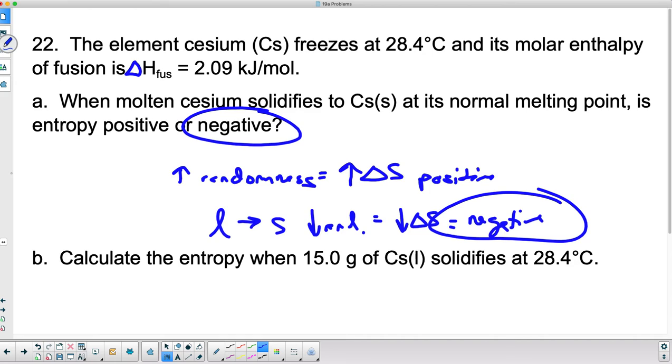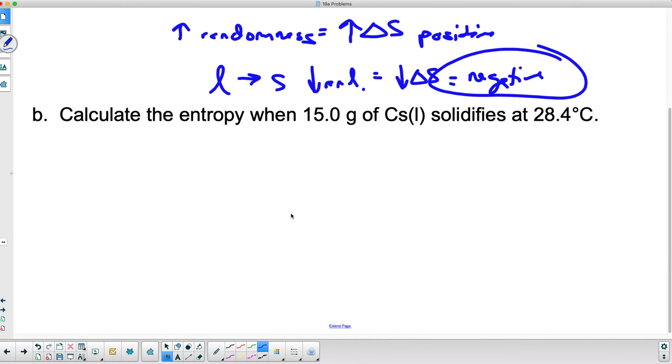In this case here, of course, I need to know moles. Let me give myself a little bit more room to do this problem. For all of these, every time you're given a number of grams of something, you're going to find the number of moles. So the first thing we do is find the number of moles of 15 grams of cesium.